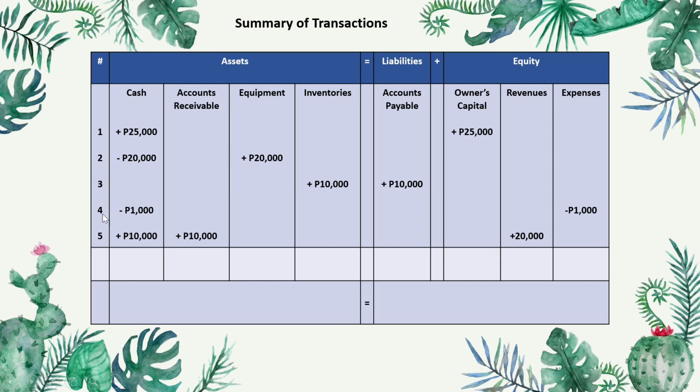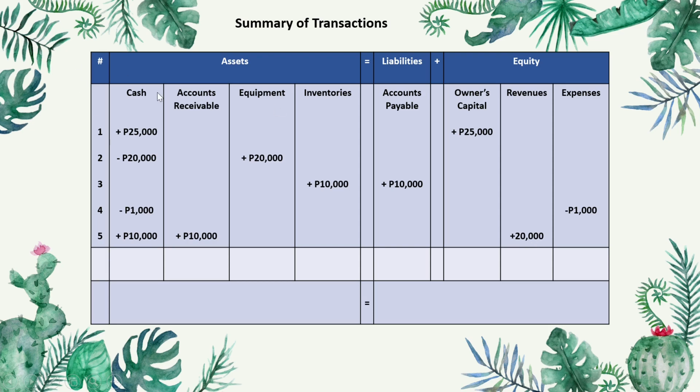And fourth transaction, we have cash negative 1,000 pesos kasi yan yung binayad niya sa permit niya, which is in equity expense negative 1,000. And last transaction, may cash na pumasok sa kanya 10,000 pesos and accounts receivable 10,000 pesos and equity revenues or sales revenue positive 20,000 pesos.